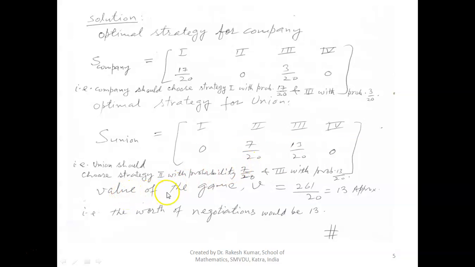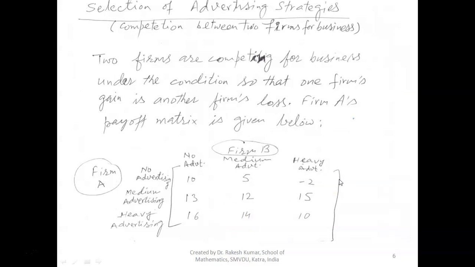Therefore the value of the game V is approximately 13. So the net worth of negotiations would be 13. This is how we can answer the questions, determining the optimal strategies and the worth of negotiations, with the help of game theory.